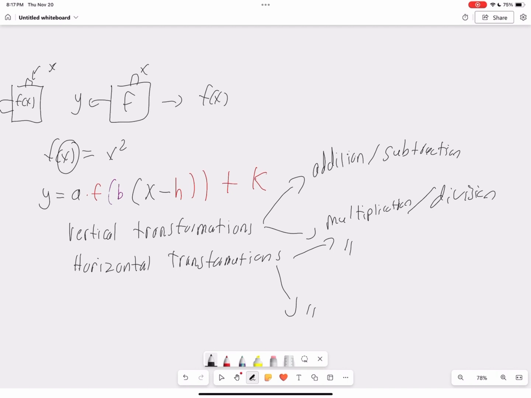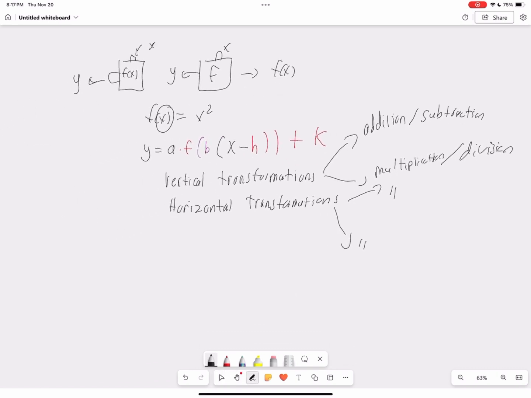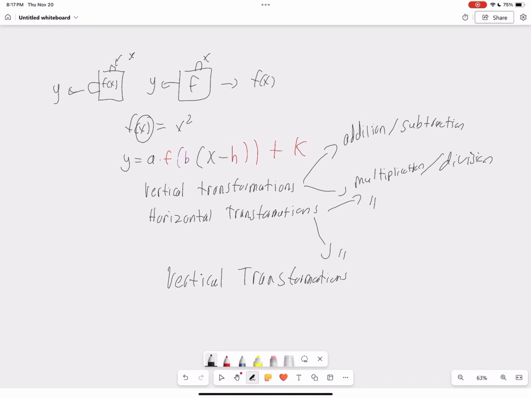We can write this again. So say vertical transformations again. Vertical transformations, which these are things you know.